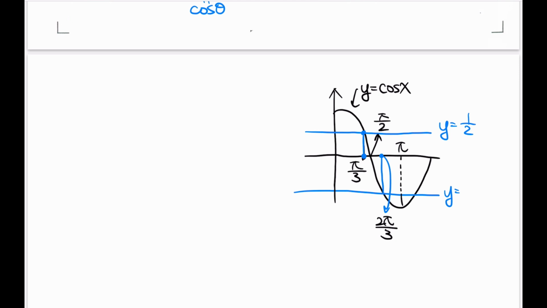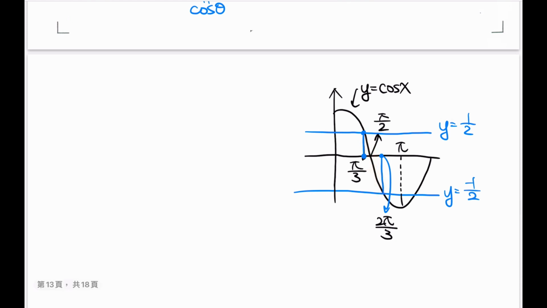So these two are the upper and lower limits for theta. From the graph, we can see that if theta lies within this range, then cosine theta will be greater than or equal to -1/2 and less than or equal to 1/2.